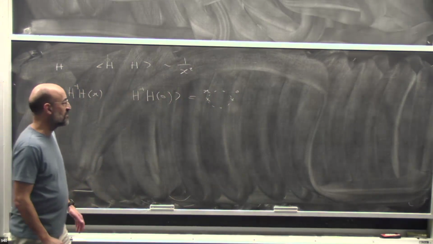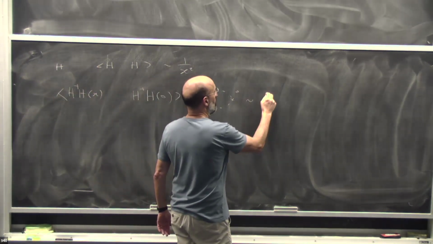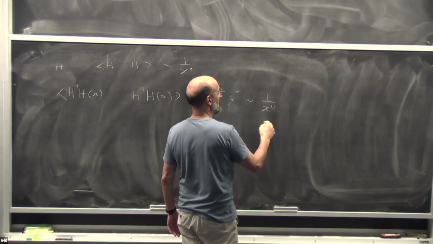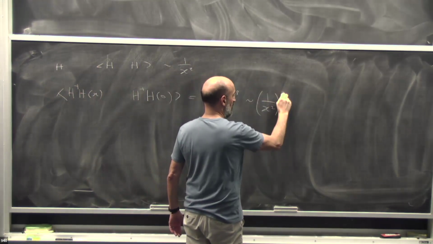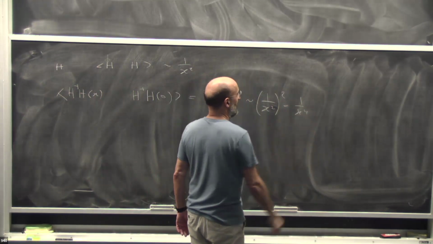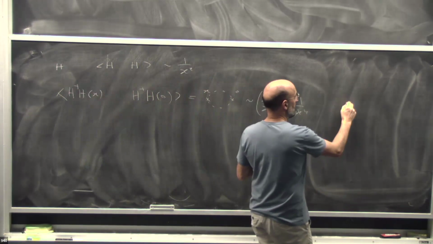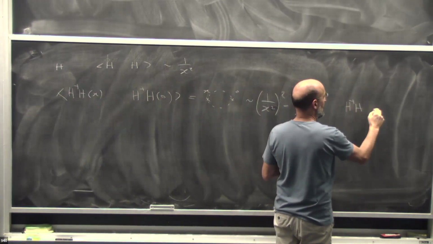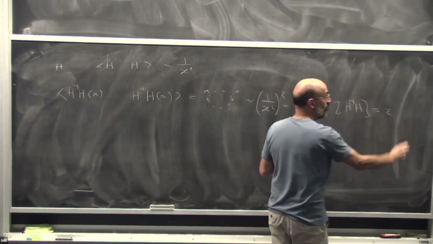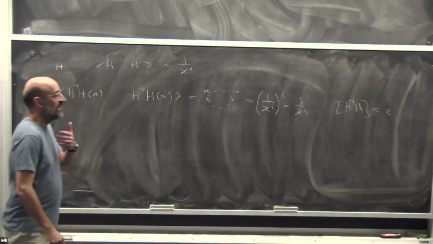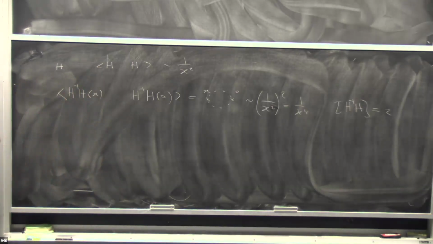If there were no interactions, this would go like 1 over x to the 4th, because you're simply squaring 1 over x squared. And this is interpreted as the fact that this object here, H dagger H, has dimension 2. So it is what we call a relevant operator.